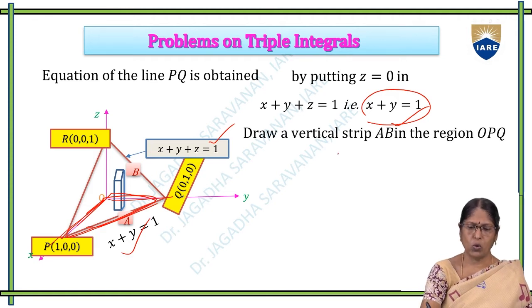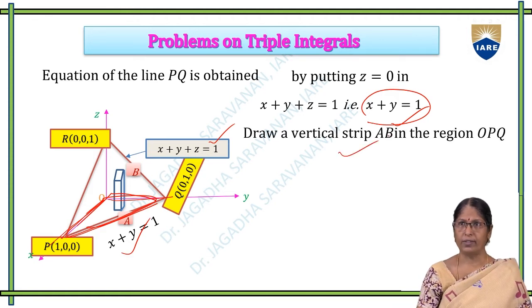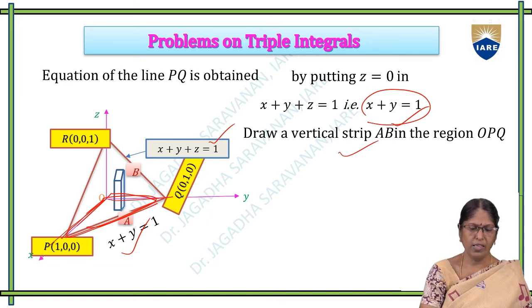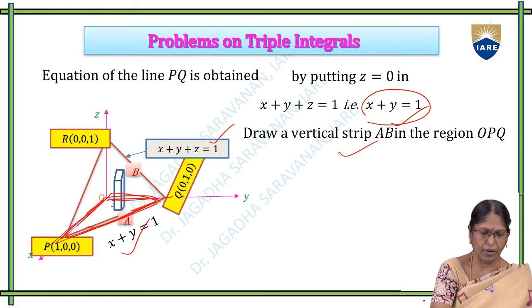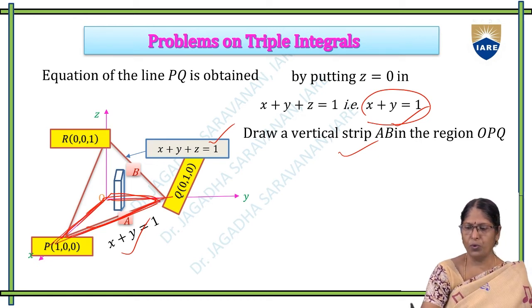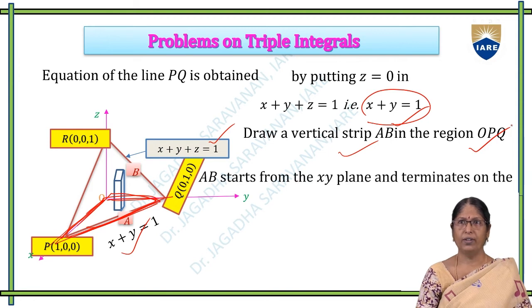Now, we already discussed that the vertical strip AB is in the region of the xy plane, the triangle OPQ.